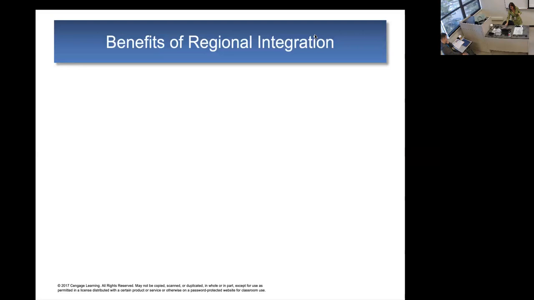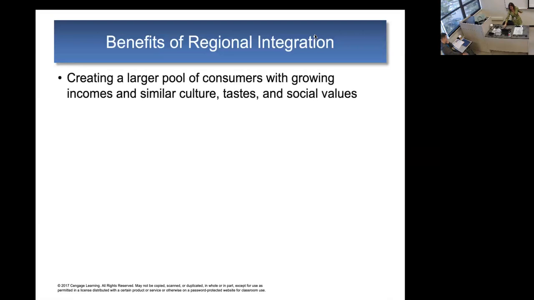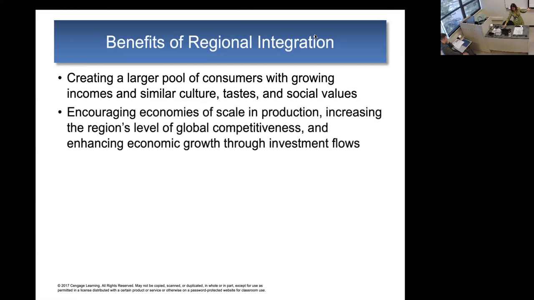Let's see what other benefits we have listed here. Create a larger pool of consumers. Encouraging economies of scale and production, increasing the region's level of global competitiveness, and enhancing economic growth through investment flows.